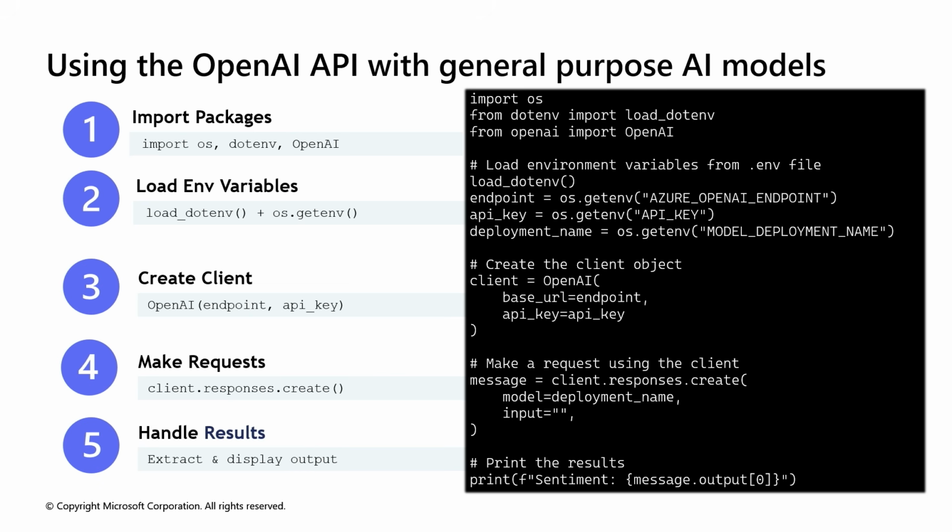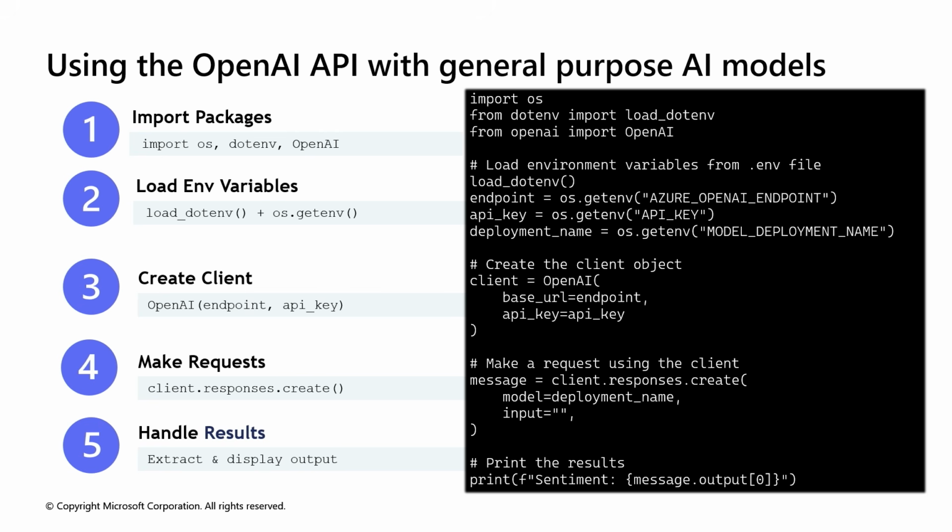Now, let's look at how a client application actually uses general-purpose AI models through the OpenAI API in Foundry. An example is in the slide. But let's understand at a high level, the code flows in a simple and logical sequence. You don't need to understand every line, just understand the flow.